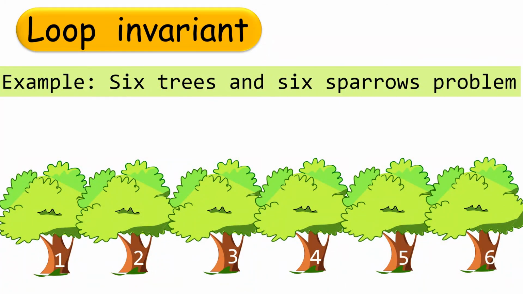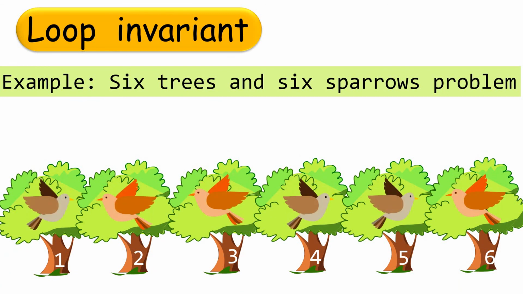One sparrow is sitting on each tree. If a sparrow flies from one tree to another, then at the same time another sparrow flies from its tree to some other tree the same distance away but in the opposite direction. Is it possible for all the sparrows to gather on one tree?